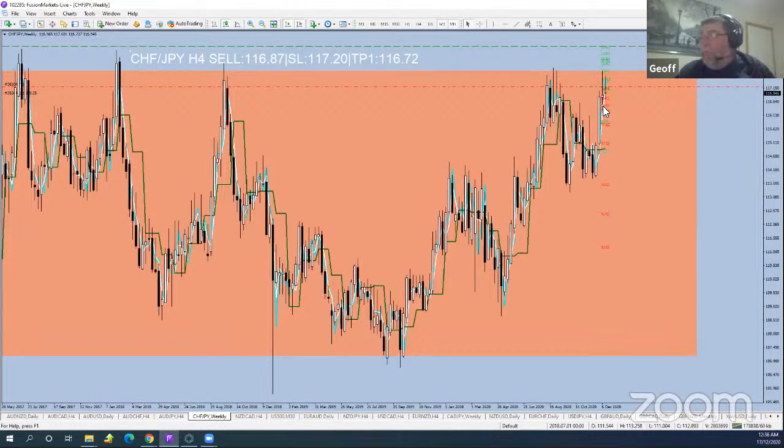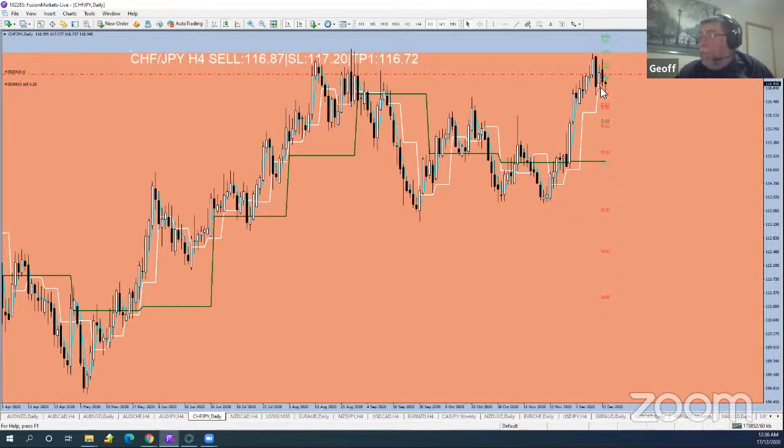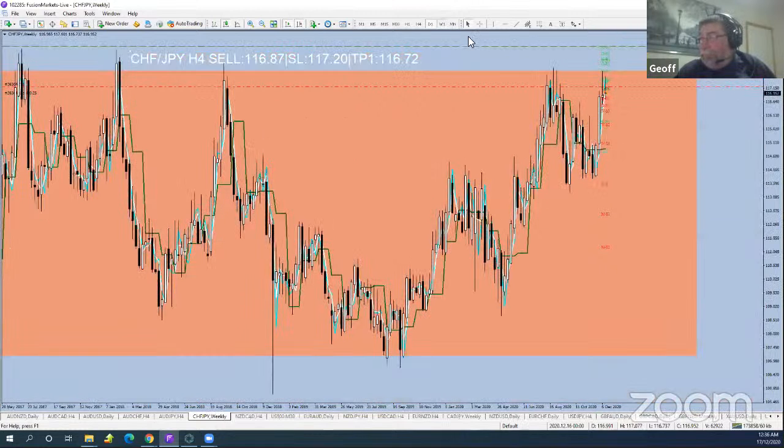I've got a key reversal bar on the weekly. I've got a key reversal bar on the daily. This one here. What's a key reversal bar? Those of you who haven't been in the room when I've described this: a key reversal bar is a bar that puts in a new high based on the previous bar. So it's not a new high based on a swing; it's a new high based on the previous candle.